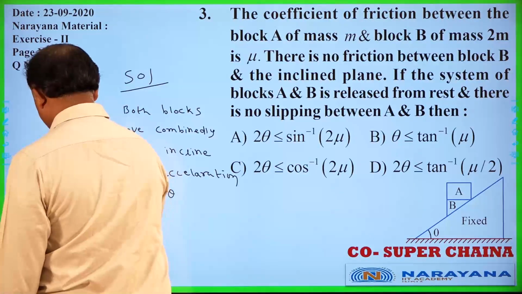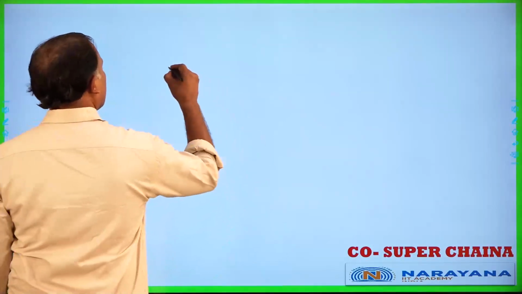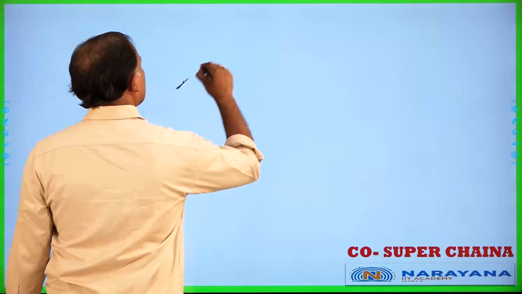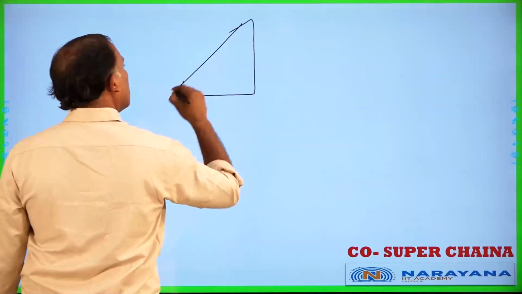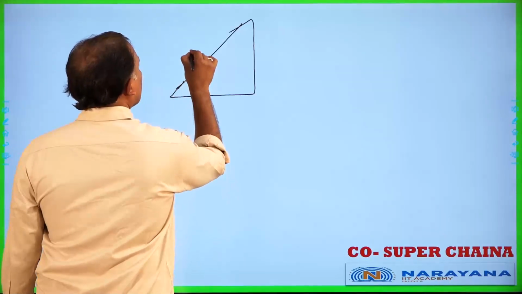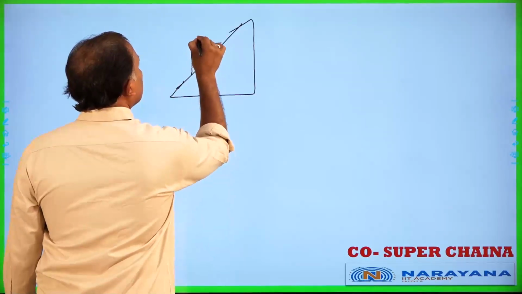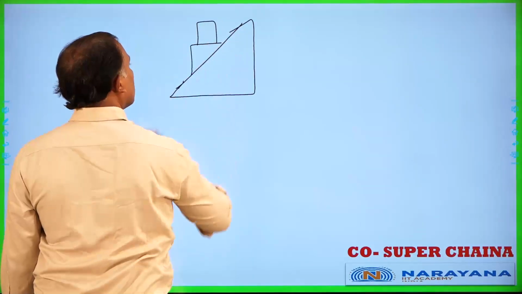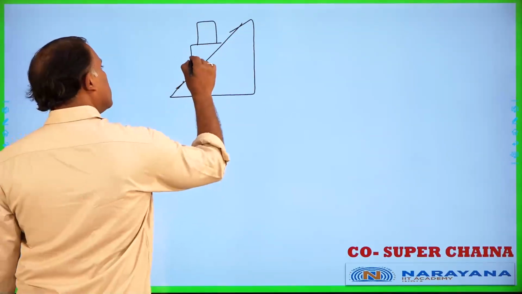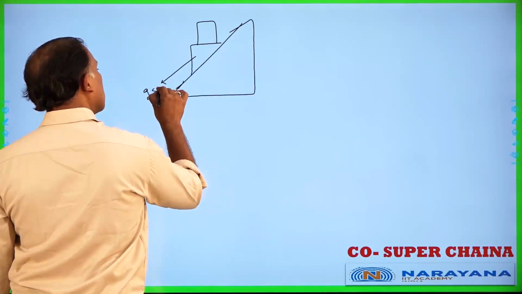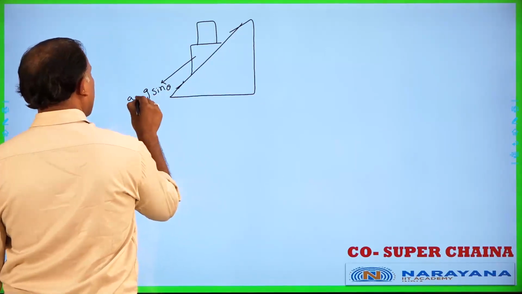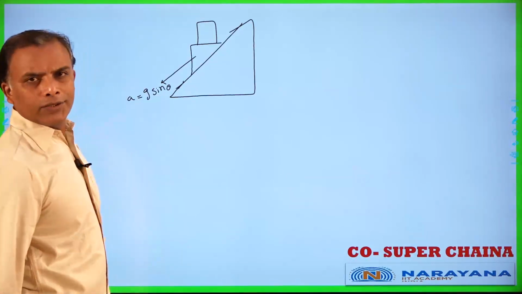So now see here, acceleration g sin theta it is. Now take the diagram here. Here is block B and here it is block A. Both are moving like this along the incline.